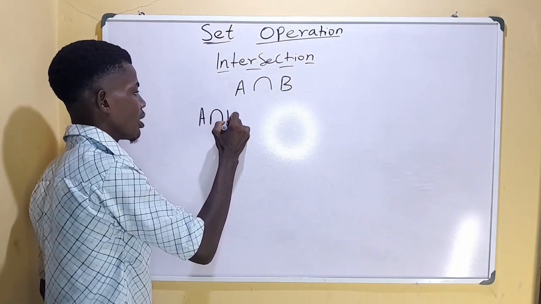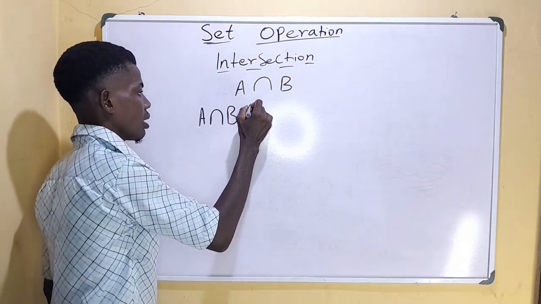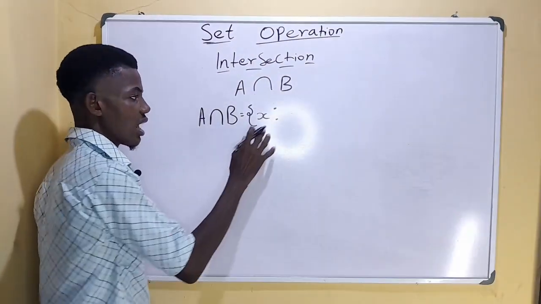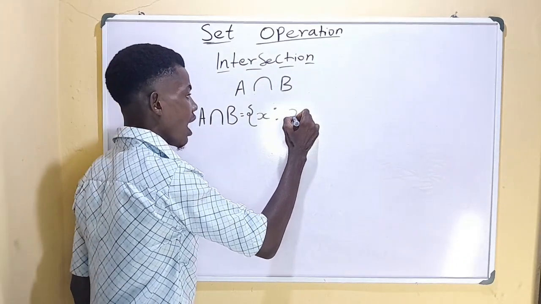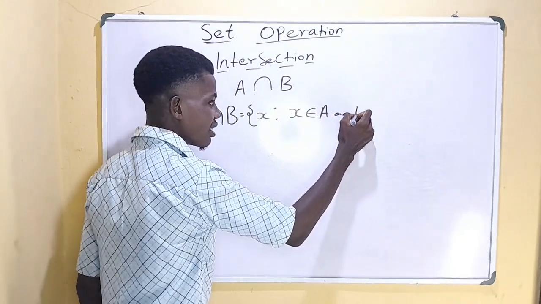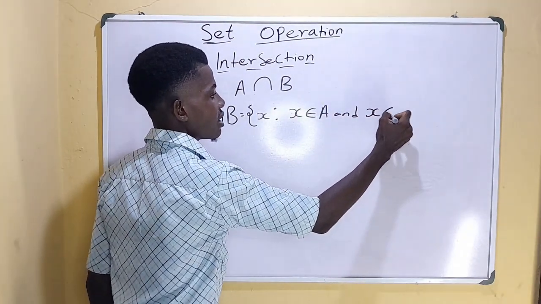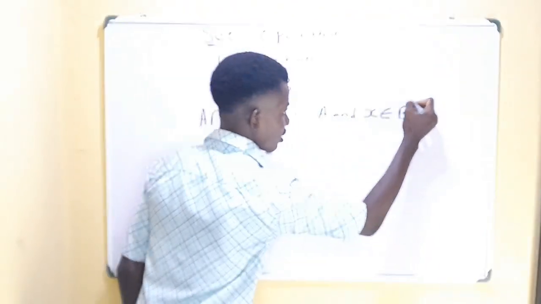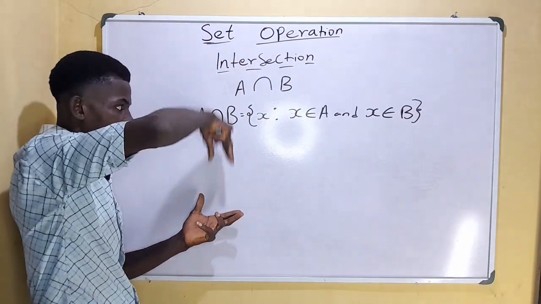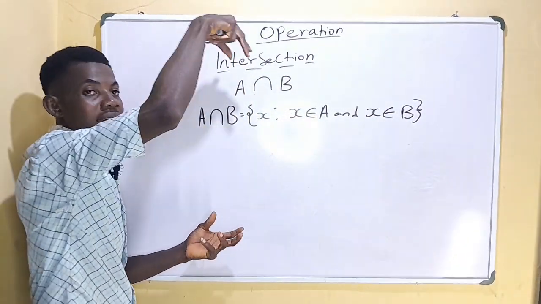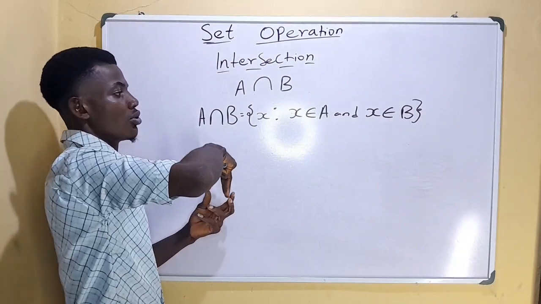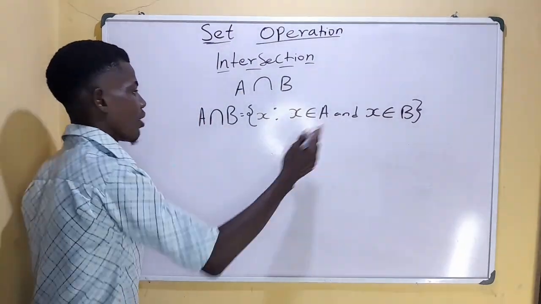A intersection B is a set of X such that X is in A and X is in B. This means the elements inside A that are also inside B. The element that is inside A that is also what? Inside B.